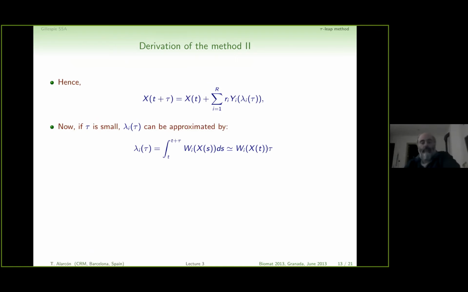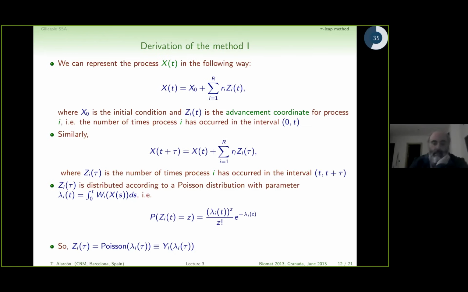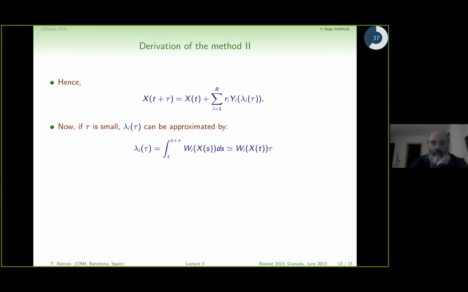But if tau is small, this integral here that gives us this lambda I can be approximated in this way. This is a very rough approximation, but if tau is small and these W functions satisfy some conditions, it should be a reasonably good approximation.